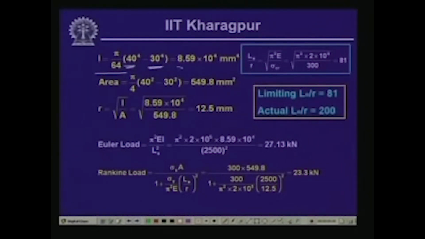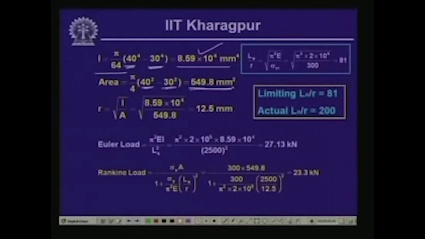This gives us a moment of inertia of 8.59 into 10 to the power 4 millimeter to the power 4, and the area gives us 549.8 millimeter square.